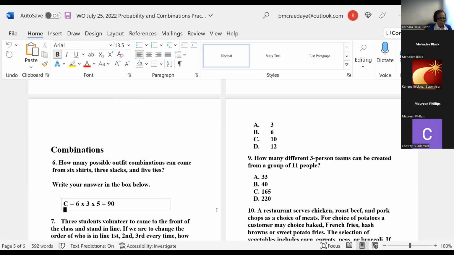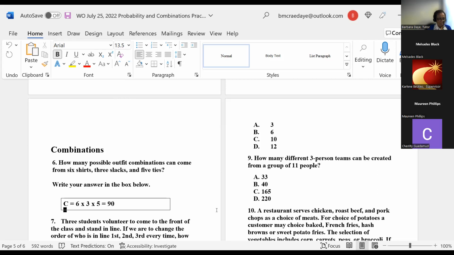So that's how I term it: divide up the 90 into three pieces, the 3 possible outfits. No, a combination would be a shirt, a slack, and a tie. How many of those are there? The number of shirts times the number of slacks times the number of ties. 90 outfit combinations.